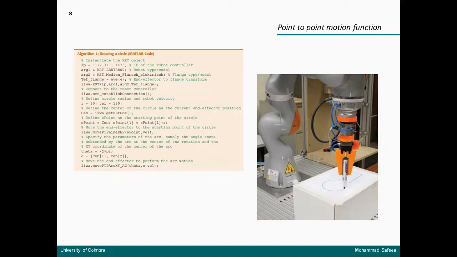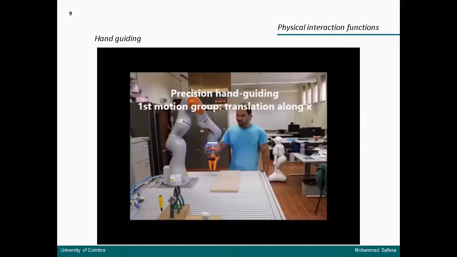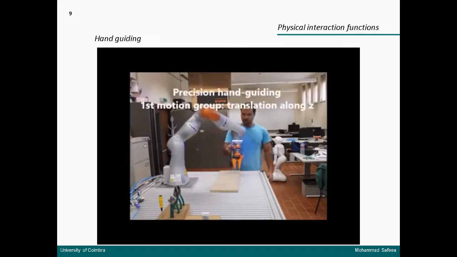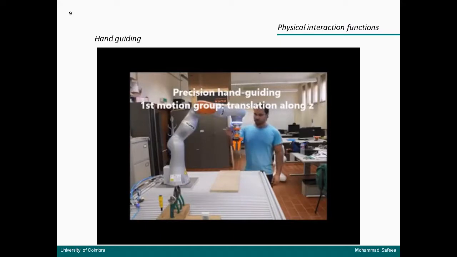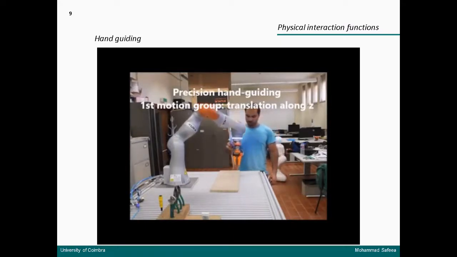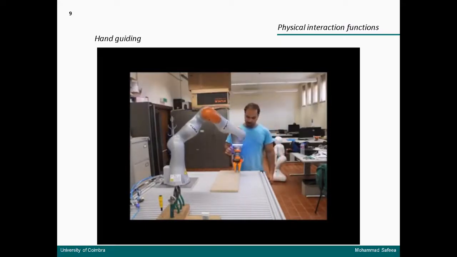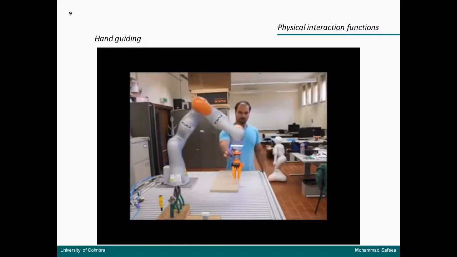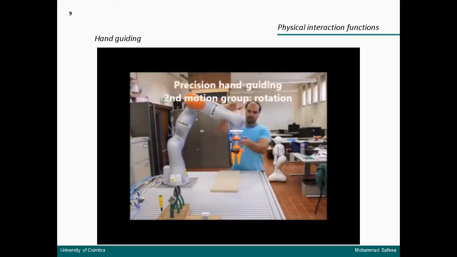The toolbox also contains physical interaction functions, which include 2 different hand guiding modes: the hand guiding in the joint space and the precision hand guiding at the Cartesian space, as you can see in the video here, where the user is able to move the robot along the X, the Y, and the Z axes while keeping the orientation of the end effector fixed.